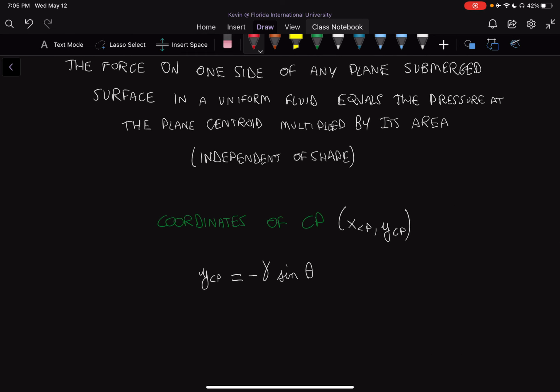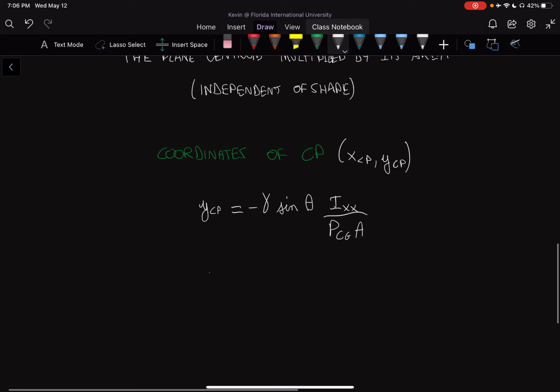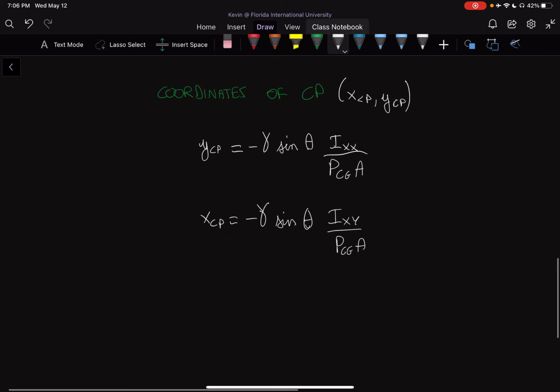So it's gamma sine theta times Ixx over P CG times A. And the position of x CP is equal to minus gamma times sine of theta times Ixy over P CG times A.